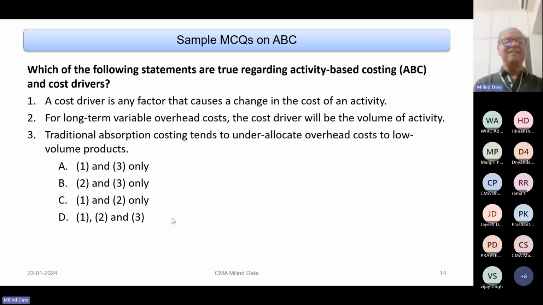If you see an under allocation happening, that may be due to low volume products. So which option is correct? A, B, C, D. Statement 1 and 3 correct, statement 2 and 3 correct, statement 1 and 2 correct, or all three statements are correct. So just think and put in your answer.